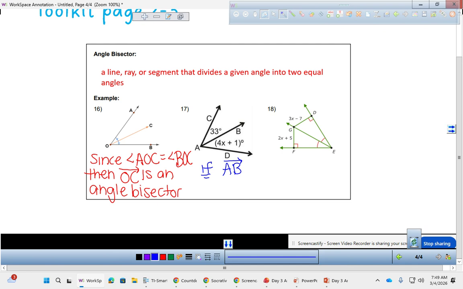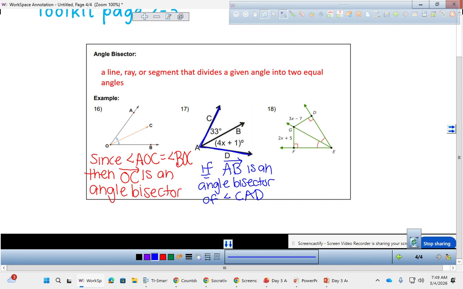So if ray AB is an angle bisector of angle CAD.